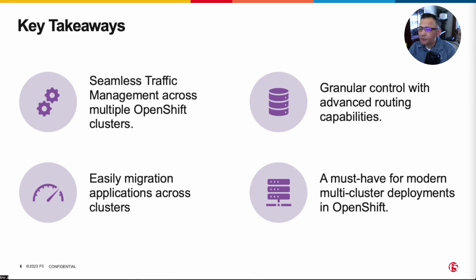So it's a way to manage traffic, allowing us to expose applications from multiple clusters through a single public IP. GSLB, on the other hand, is more about geographic traffic distribution and ensuring users can connect to the nearest location. It also requires DNS. On the other hand, with CIS we don't have to modify the DNS.